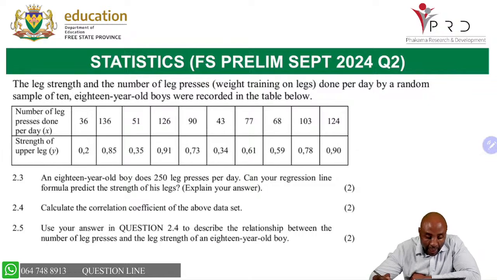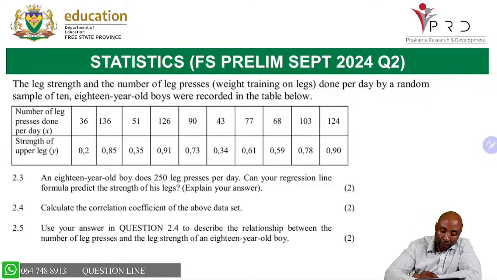Can your regression line formula predict the strength of his leg? Explain your answer. This is what we meant. Now, if you check, 250 leg presses is above the interval.